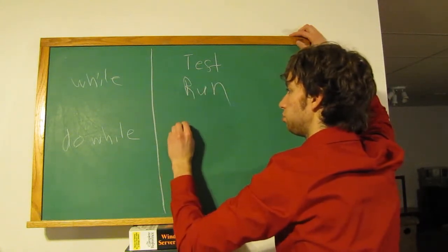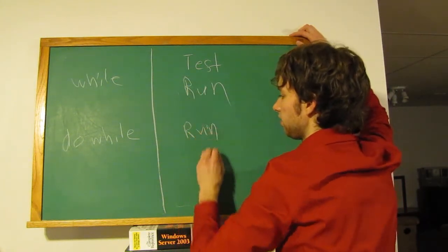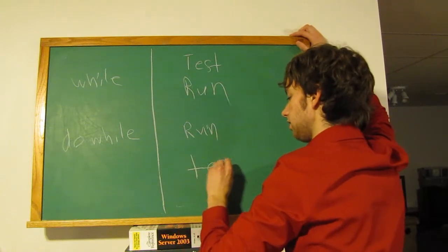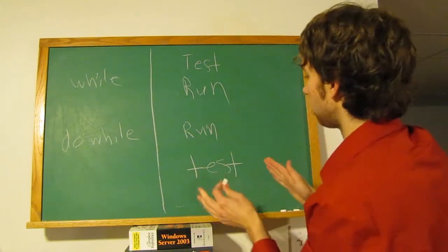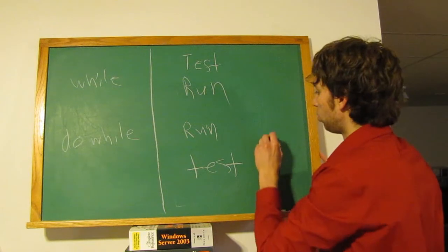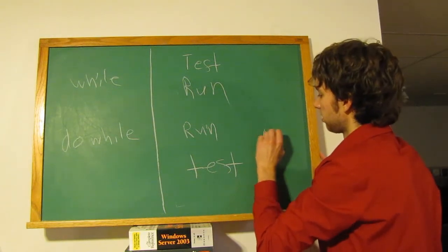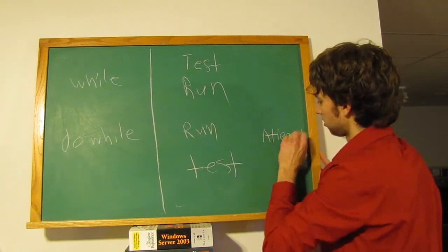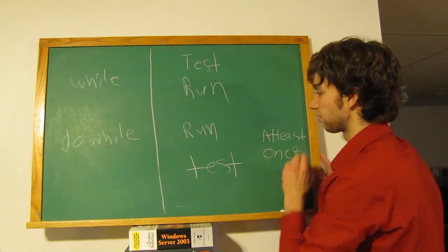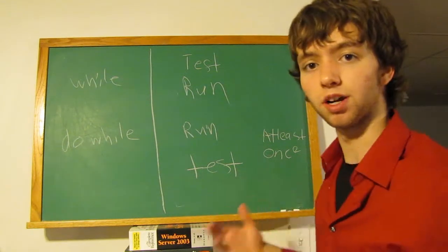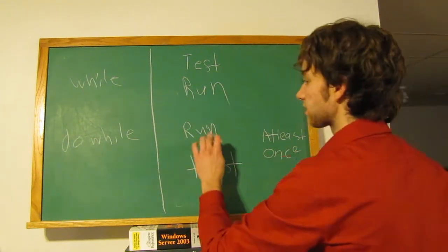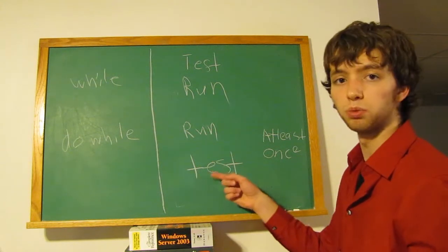A do while loop will run it, and then it will test it. This outcome means that a do while loop always runs at least once. And the reason for that is, let's say it turns out false, but that's not going to be tested until we run it.